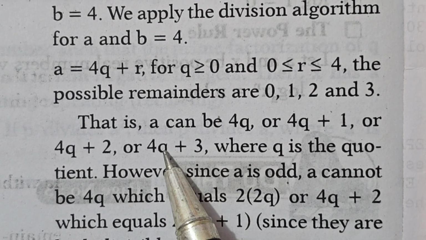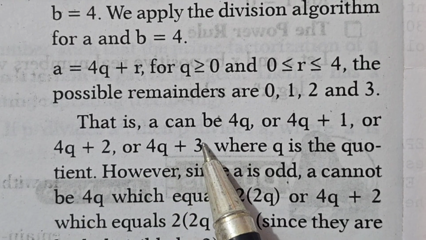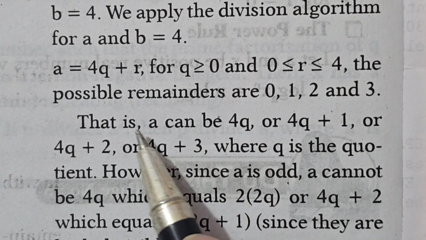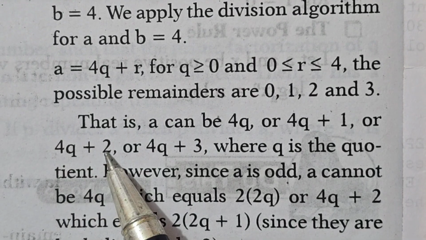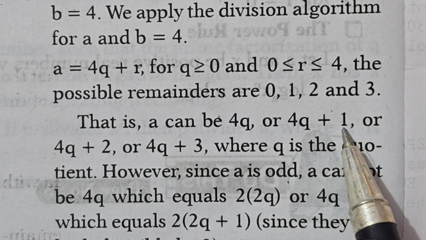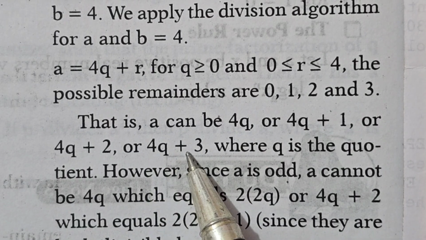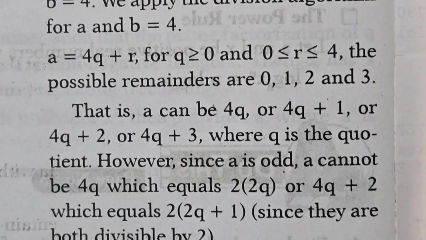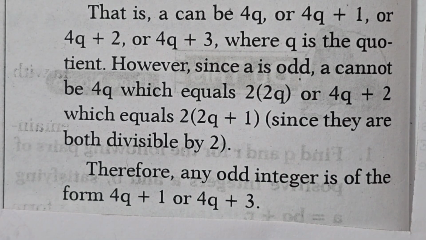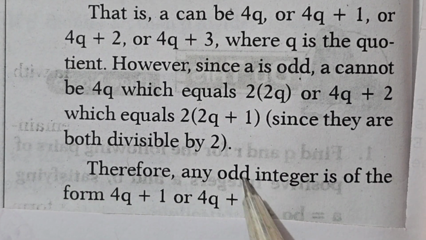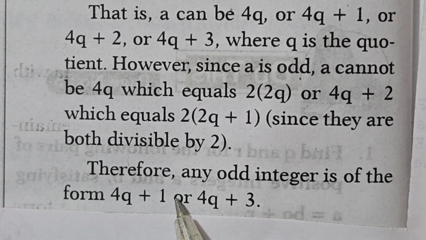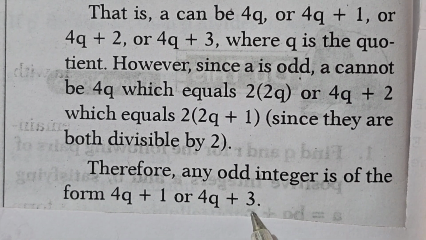If you take q as 3, 12 plus 3 is 15, also an odd number. That means 4q and 4q plus 2 are always even numbers, and 4q plus 1, 4q plus 3 are always odd numbers. Therefore any odd integer is of the form 4q plus 1 or 4q plus 3.